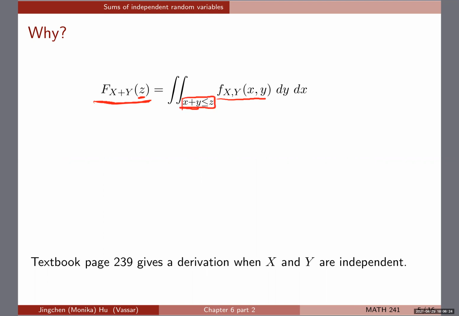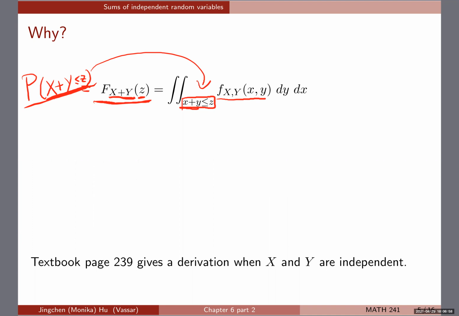Remember, this is trying to express the probability of X plus Y, all capital letters, being less than or equal to small z. Just like what we talked about in part 1 of chapter 6, this is actually a probability integration exercise. We know there is a particular region that we need to integrate over in order to get this probability, and that translates into a double integral.